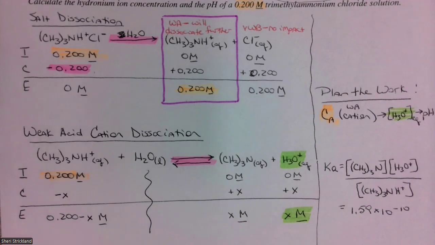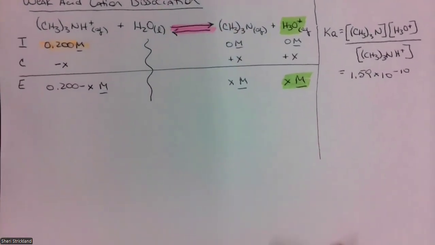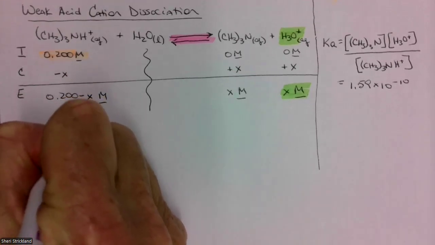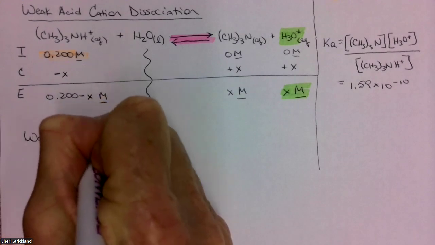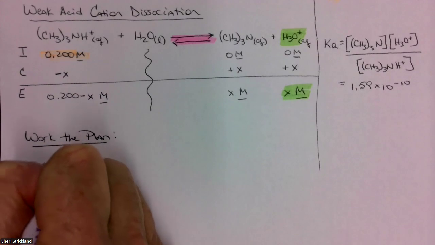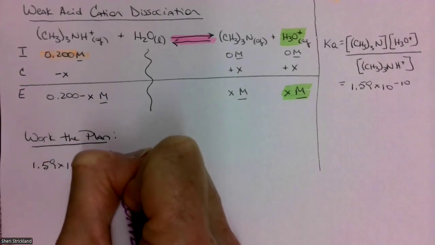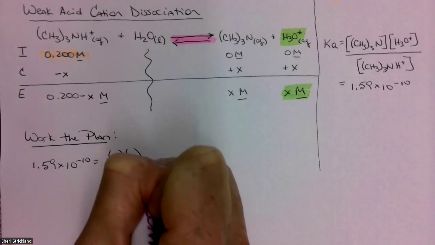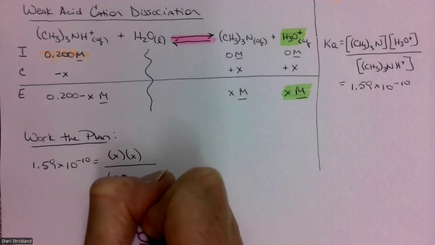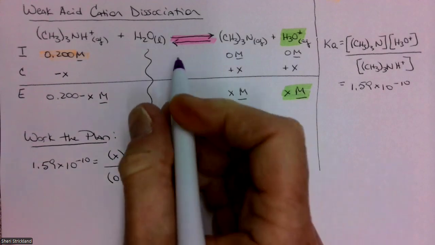All right, so now we're ready to do some algebra. We've got our Ka value, 1.59 times 10 to the minus 10, and that's equilibrium concentrations of those two things from the right of the equation divided by the equilibrium concentration of the thing to the left of the arrows up here.